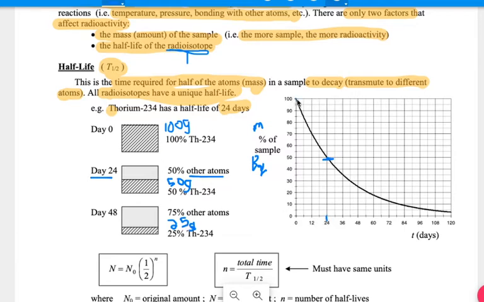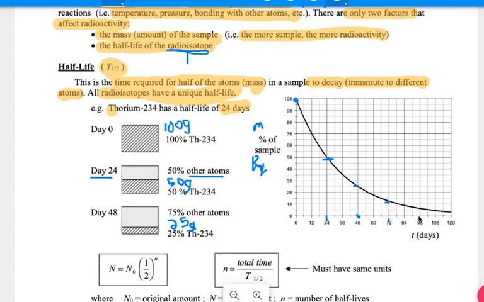We have 100% with 0 time in days. So that's our start. Here's our day 24. We're at half of it. Day 48, we are now at 25%. And if we keep going in these intervals, look at 72, we should have 12.5.